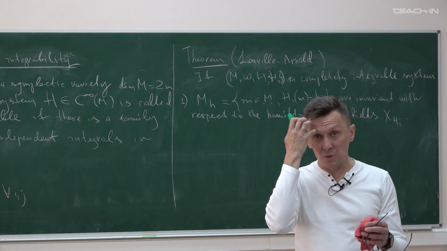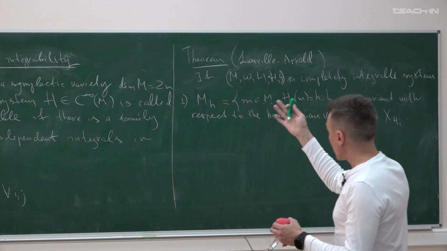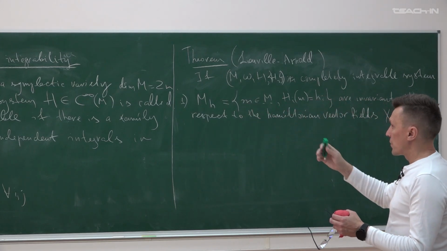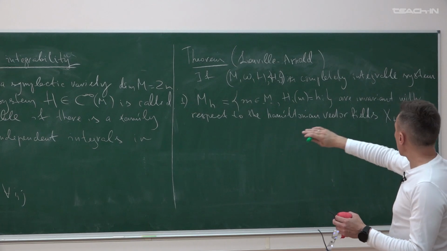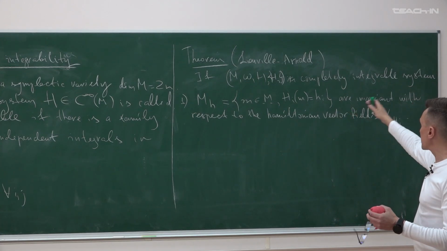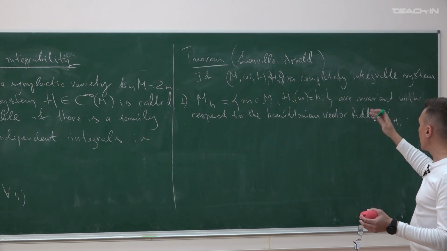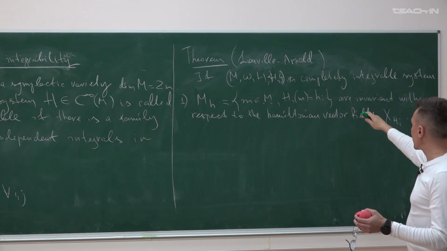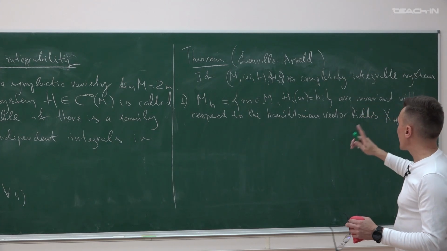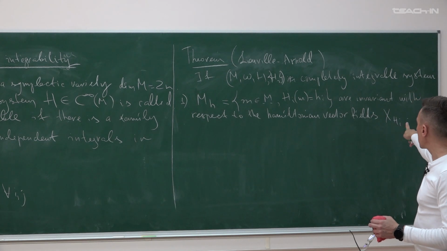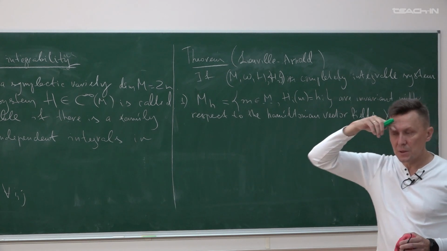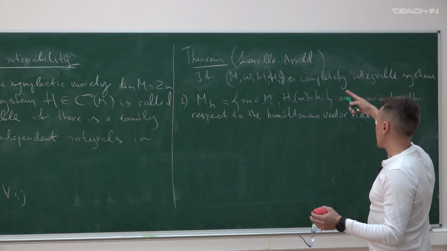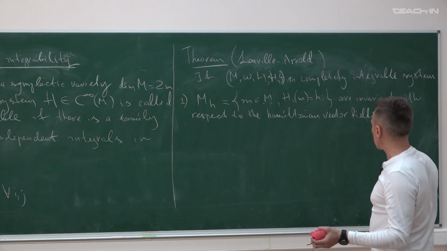So if we know that there are integrals which are in involution, all these level sets will be invariant with respect to all Hamiltonian fields in our family. Not only our Hamiltonian vector field, and it is important.